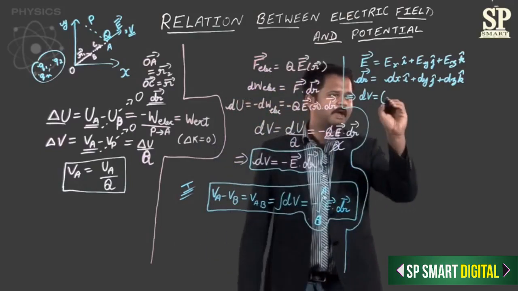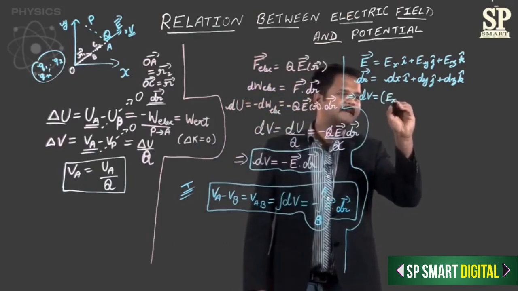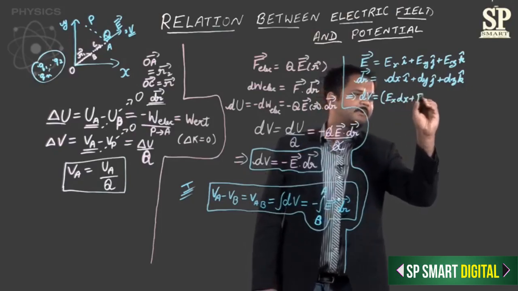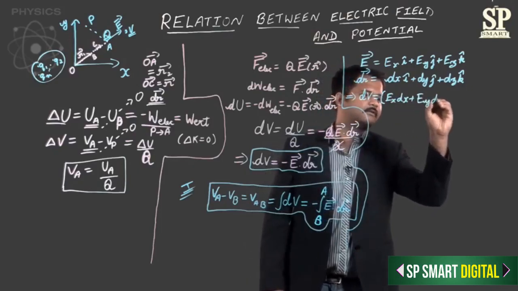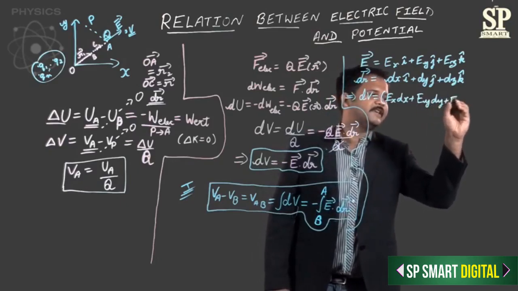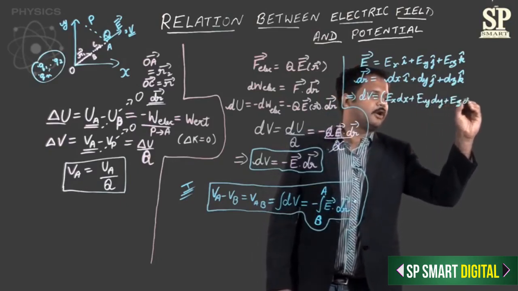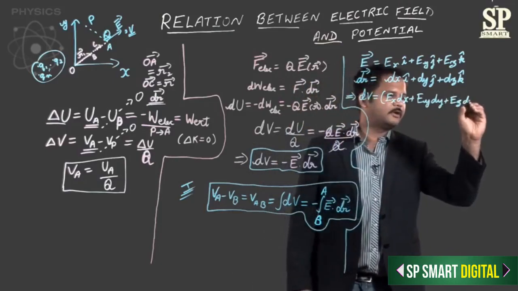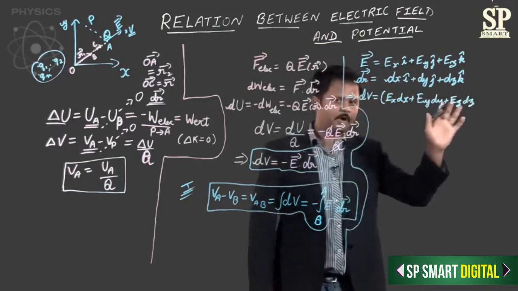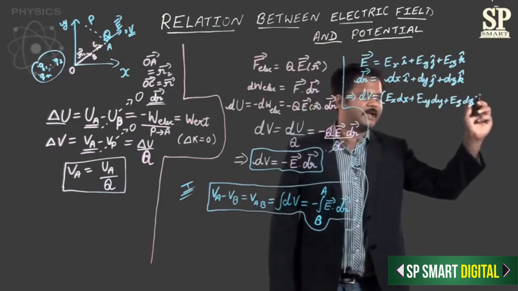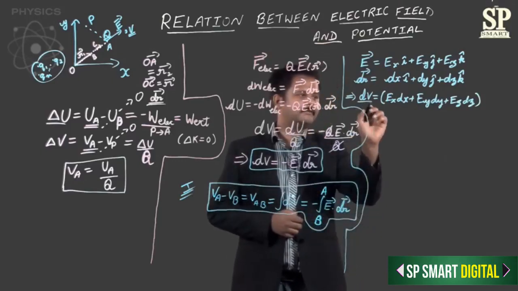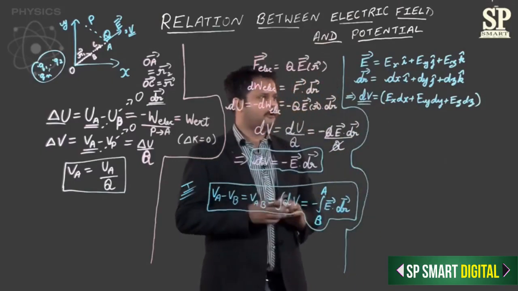What we will simply write is Ex dx plus Ey dy plus Ez dz. All the i caps, j caps and k caps vanish when we write the dot product, and we simply have a sum of all these quantities. It's a scalar sum. So this is how we can write the expression for the small potential drop.